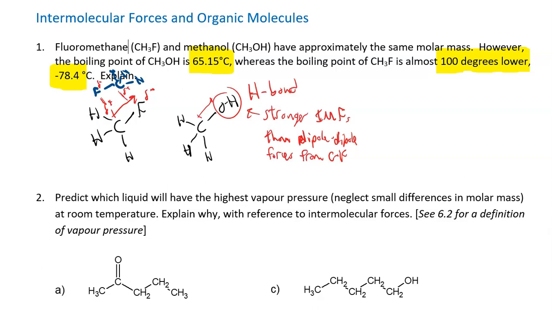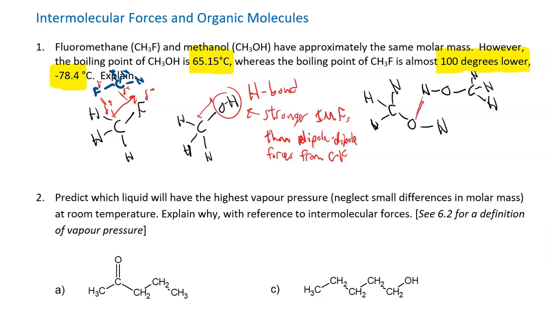So we see some bonding between these two due to these permanent dipoles. But with methanol, we still have dipole-dipole bonding, but it's the intermolecular forces of a hydrogen that's bonded to an oxygen. And if a hydrogen is bonded to an oxygen or a nitrogen or a fluorine, then those intermolecular forces are very strong.